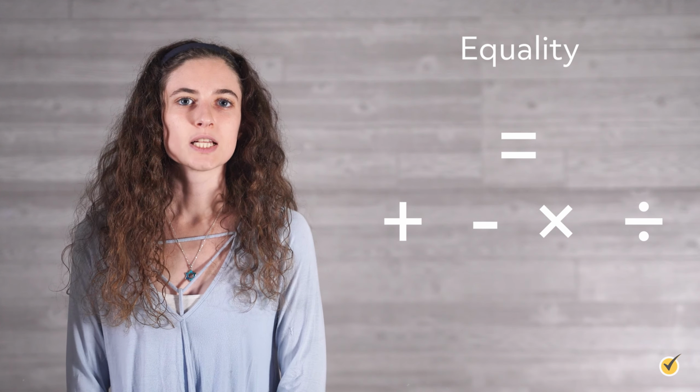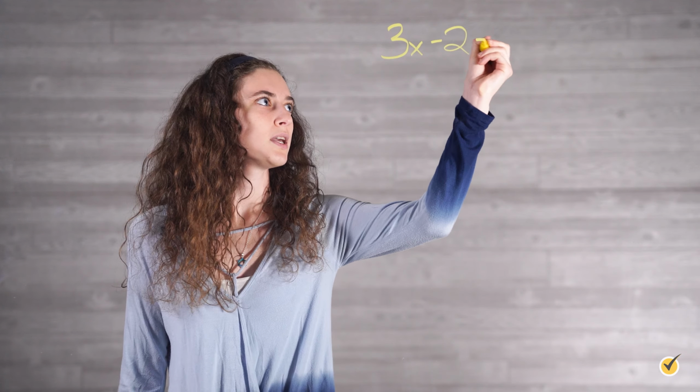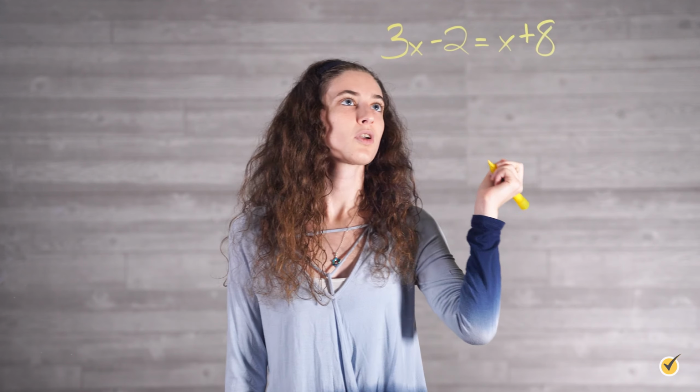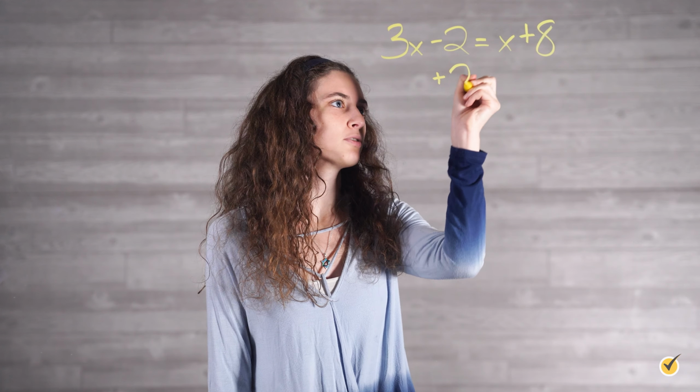For a quick review, let's look at the following example. Solve the equation for x. 3x minus 2 equals x plus 8. First, we want to get our variables on one side and our constants on the other. So I'm going to add 2 to both sides.